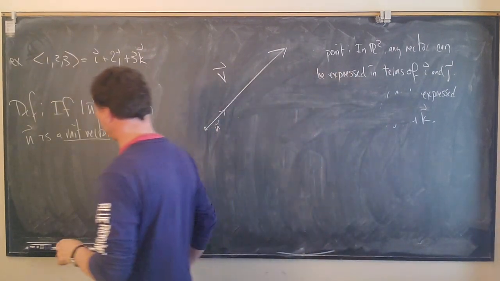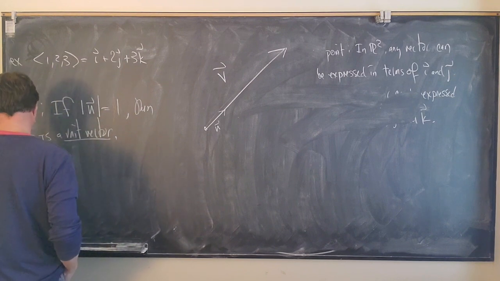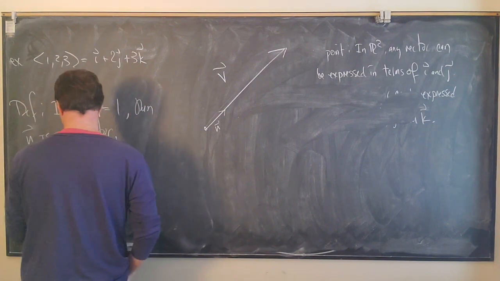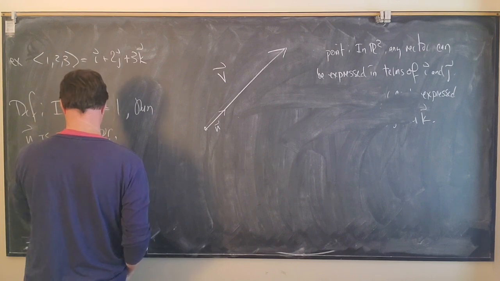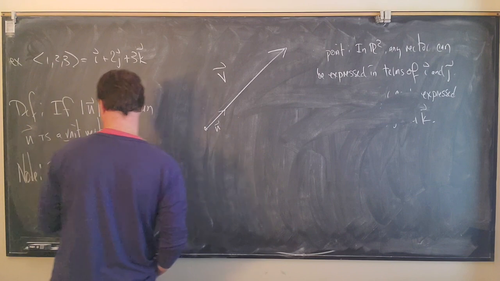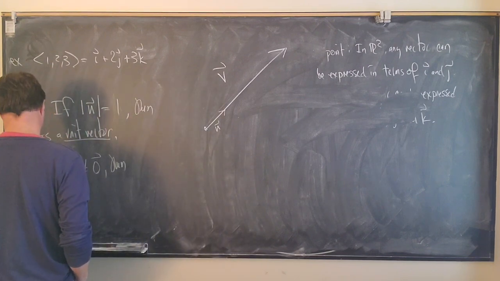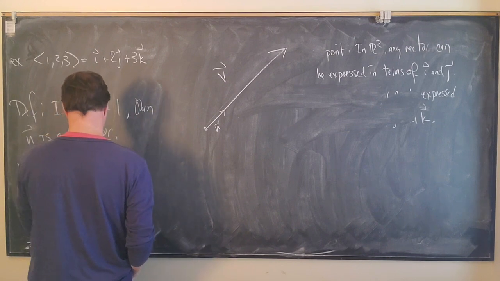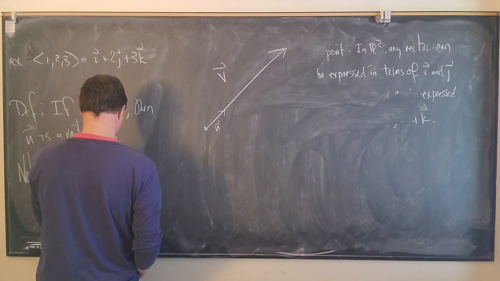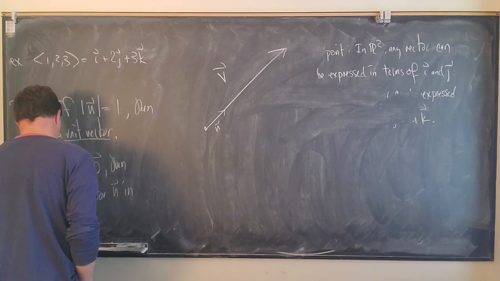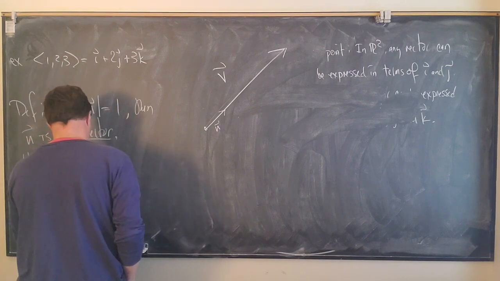So let's just say, note: we want a way to find that. If v is not equal to the 0 vector, then there is a unit vector u in the direction of v.